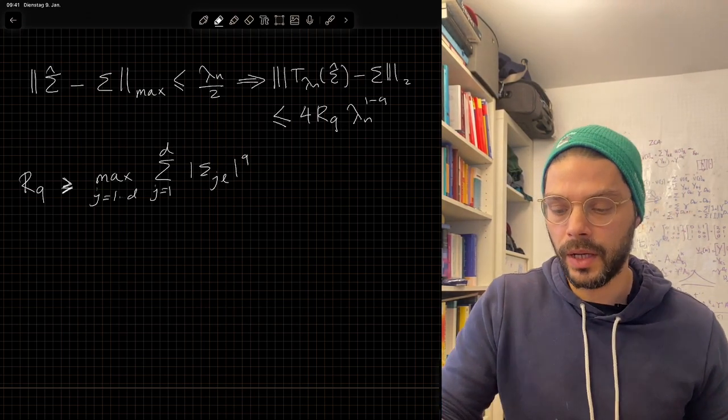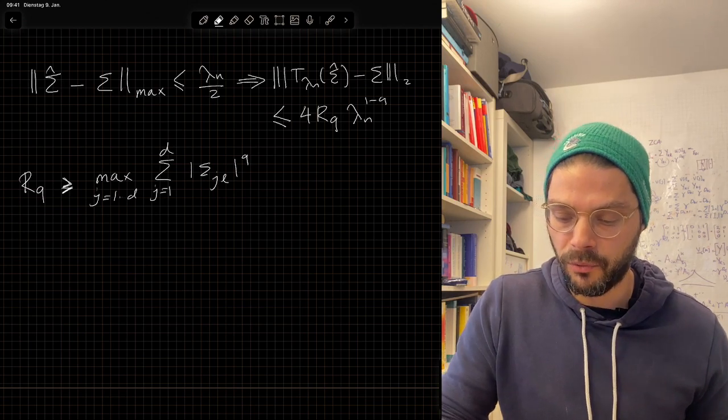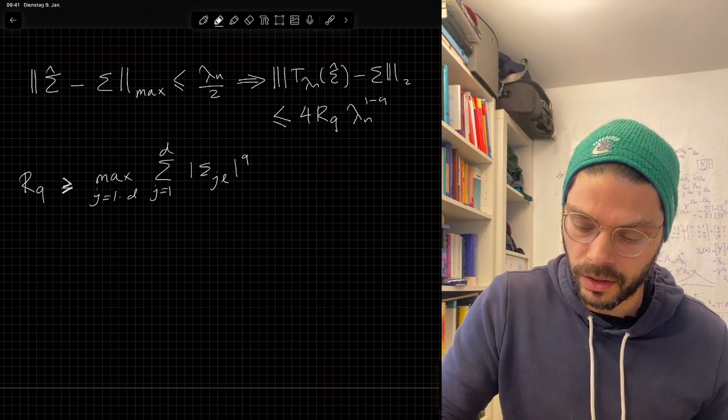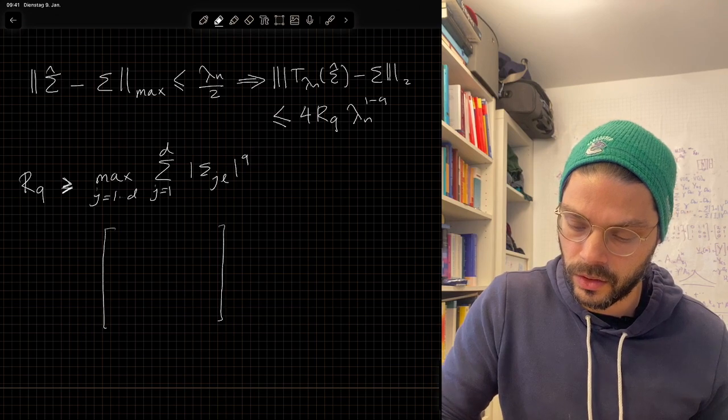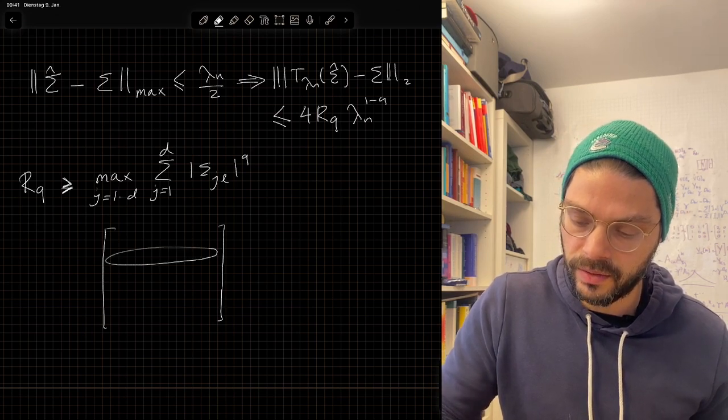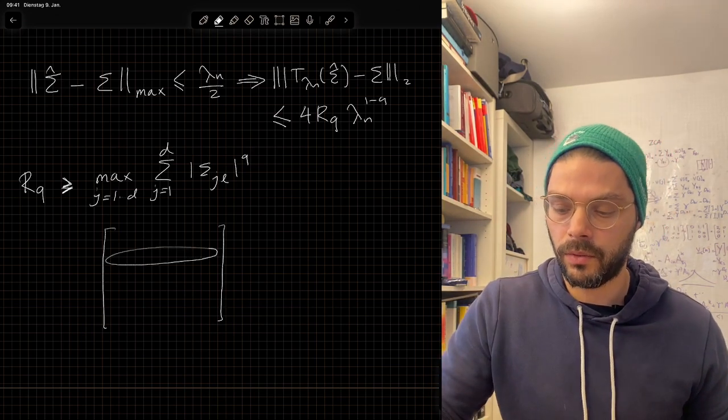We can kind of think of it this way: here is our matrix. We can consider taking the Q norm of a row.